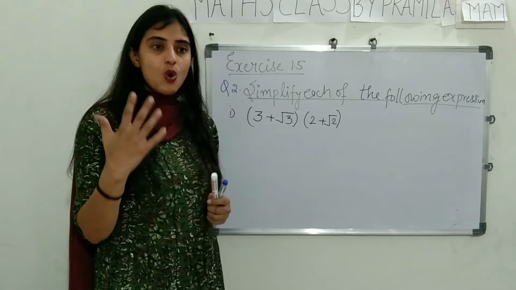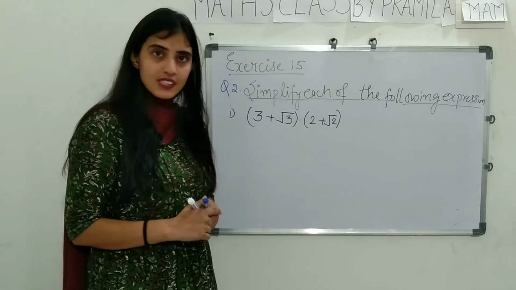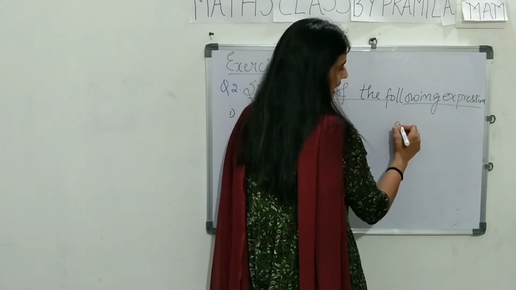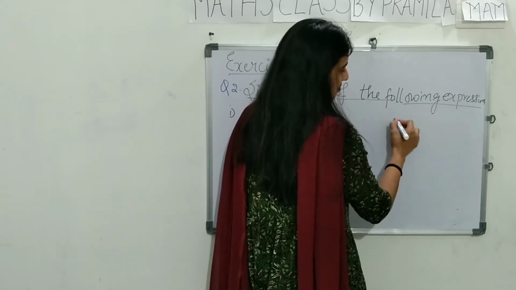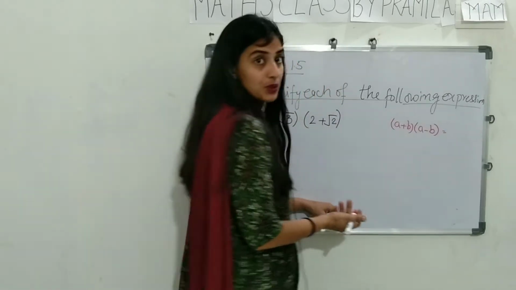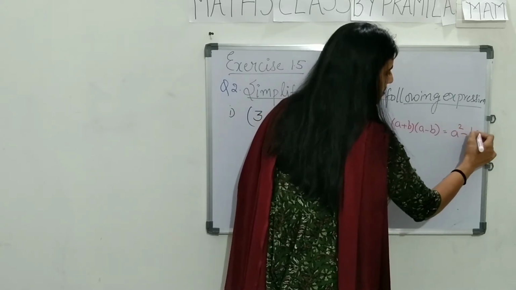First, we'll revise all the formulas or identities which you have studied in your 8th standard. Okay, I'll write here. If you remember, (a plus b)(a minus b), you have studied this as identity number 3. So what is the formula? a square minus b square.